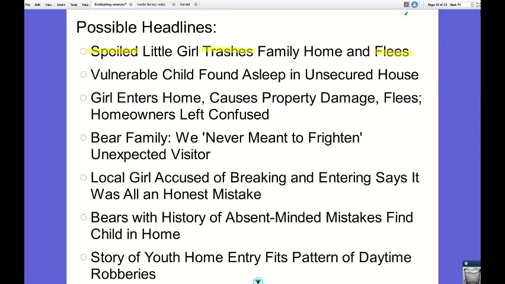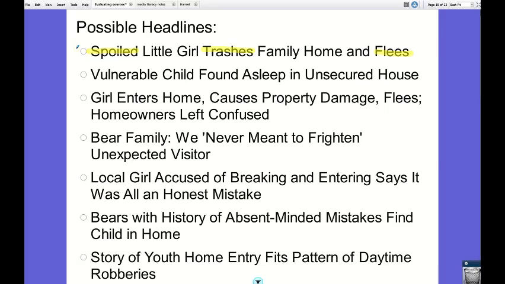So it might have negative connotations as well. And then, of course, the word spoiled, which is not only leading towards a certain interpretation, but is putting an opinionated label on a person, and it's not even something that could necessarily be supported with evidence.